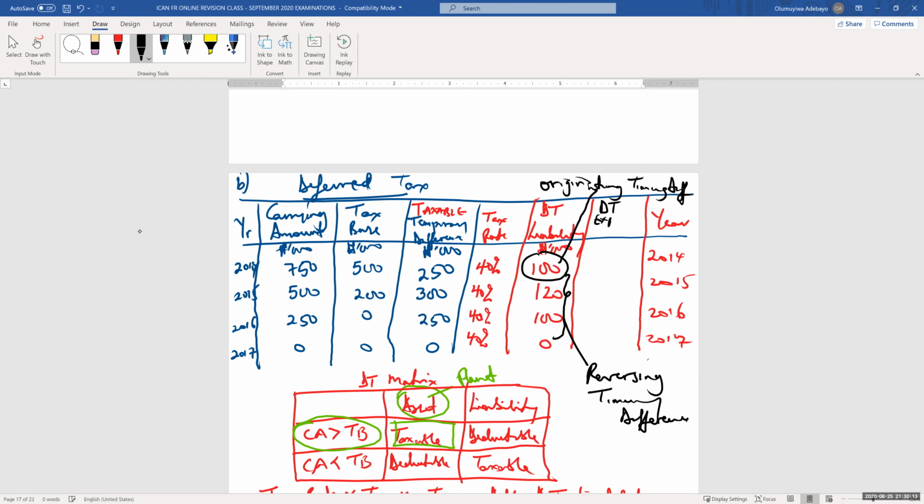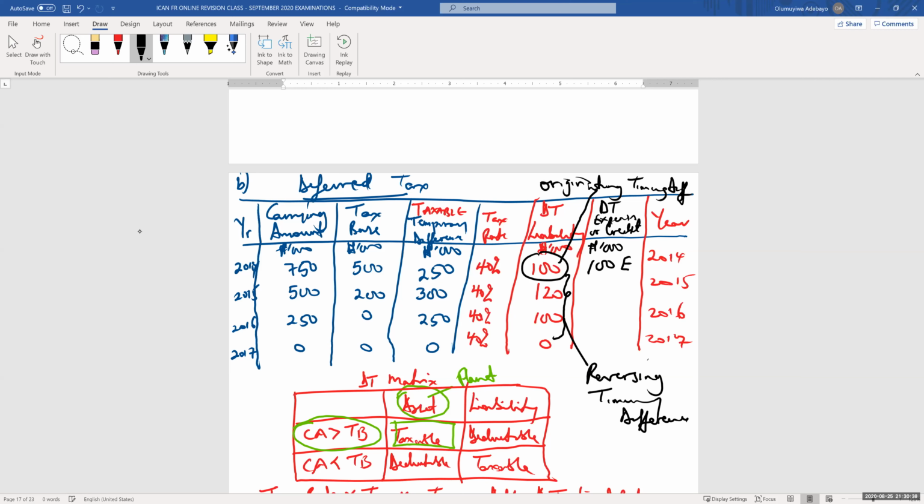Now, look at it. In the first year, I'm recognizing deferred tax of 100. Remember I'm coming from ground zero. Ground zero to 100 means that there's an increase of what? 100, which I recognize as an expense.